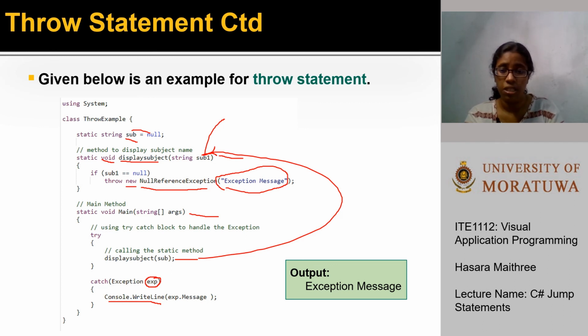So if such inputs are given, then that division might throw an error. So in such cases we have to handle those using this throw statement along with the try catch block. So that is a real world use case where we could use this.